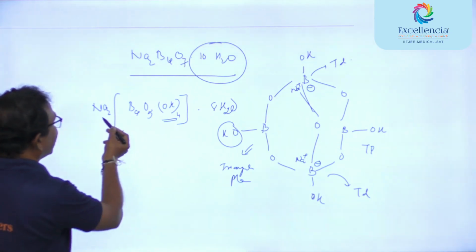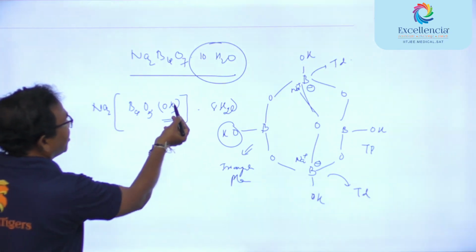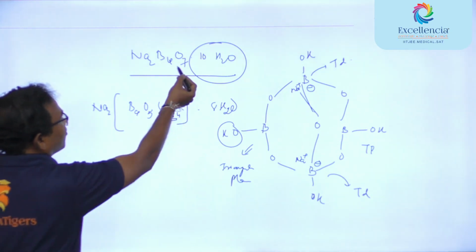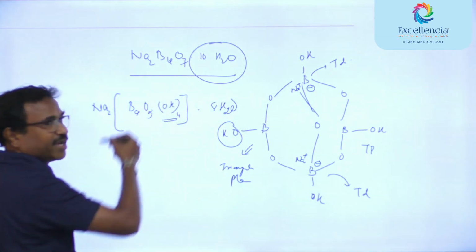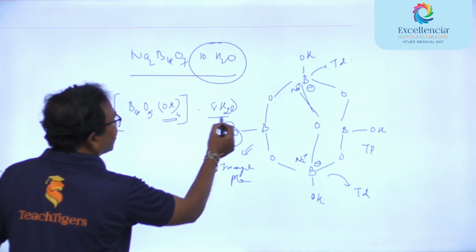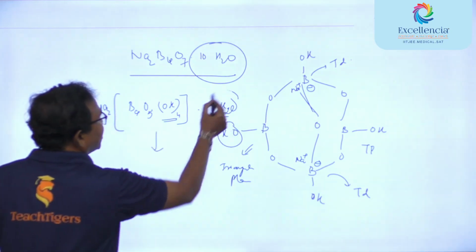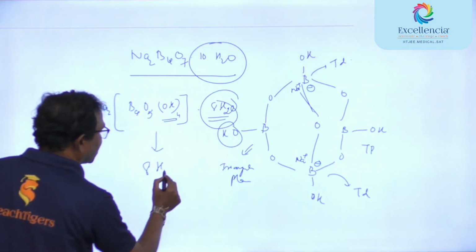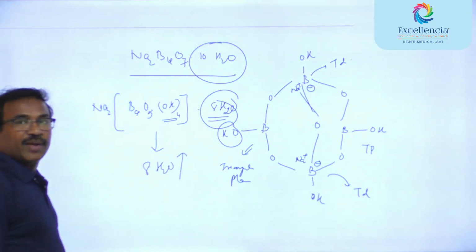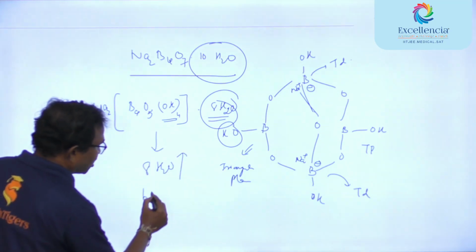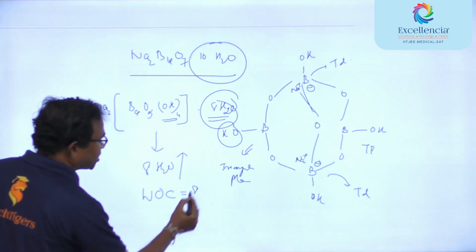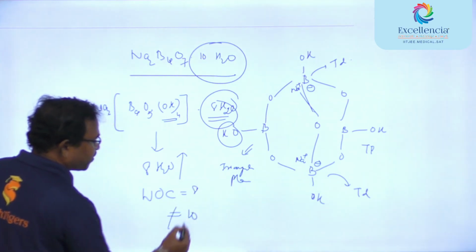You can see now Na2B4O5 and OH4 means obviously 2 moles of water are involved here, and this is 8 waters. So on heating, obviously 8 moles of water at normal temperature will be coming out. Therefore we'll say water of crystallization is 8 and not 10.